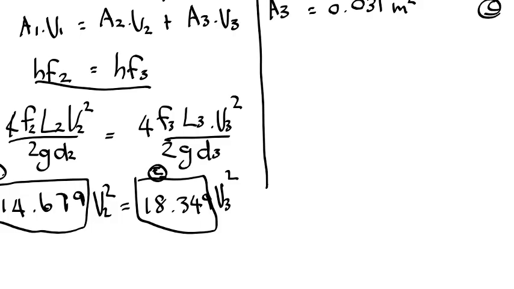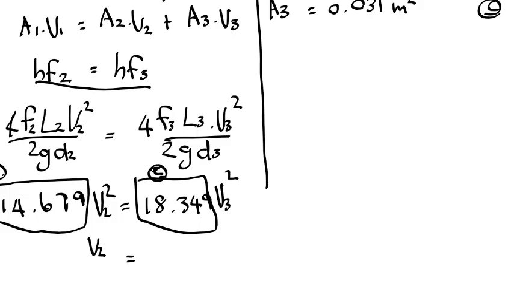So now what do you do? Now you need to go and write an equation for V2. So how do you do that? It's pretty simple. So we'll say that V2 is going to be, in simple terms, this.